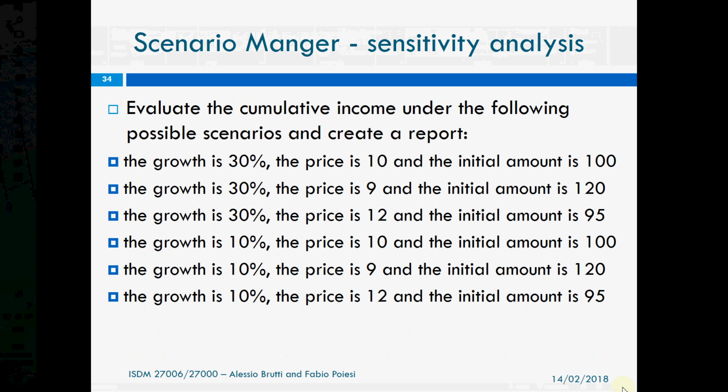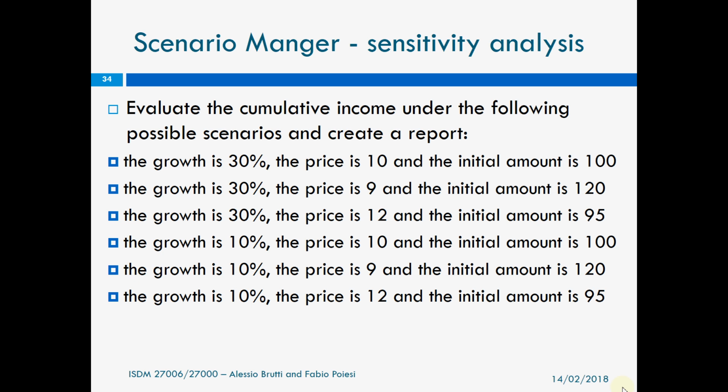Using Scenario Manager, we now want to evaluate what happens to the cumulative net if we have these 6 different conditions. We will do only the first, the third, and the last one, because then it's quite mechanical. So we see how we can create these different conditions and switch between them, evaluating how the cumulative net changes.